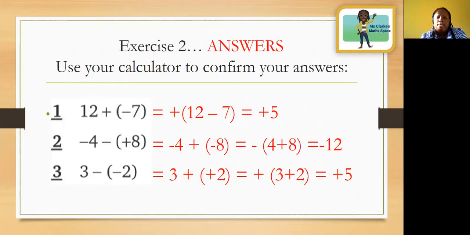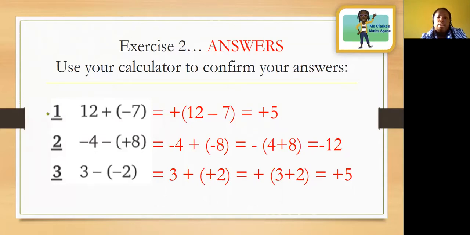So we'd say that we have 2 different signs. When we have 2 different signs, we find the difference between the 2 numbers, and then we keep the sign of the numerically bigger number, which in this case is 12, and 12 is positive. So therefore, we're going to have positive 12 minus 7, which is going to be positive 5.